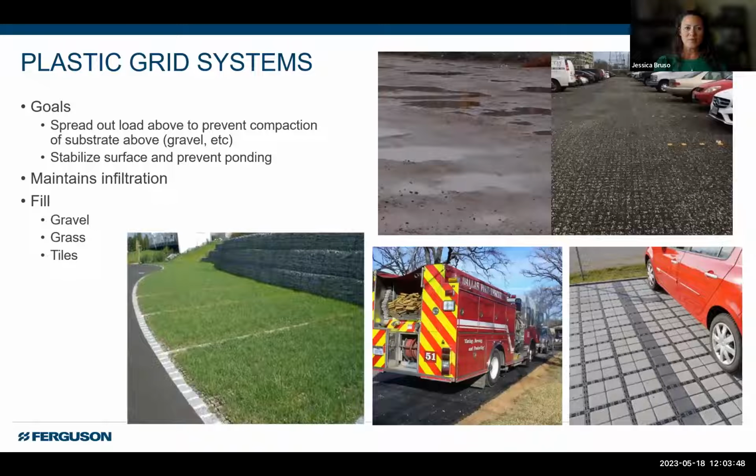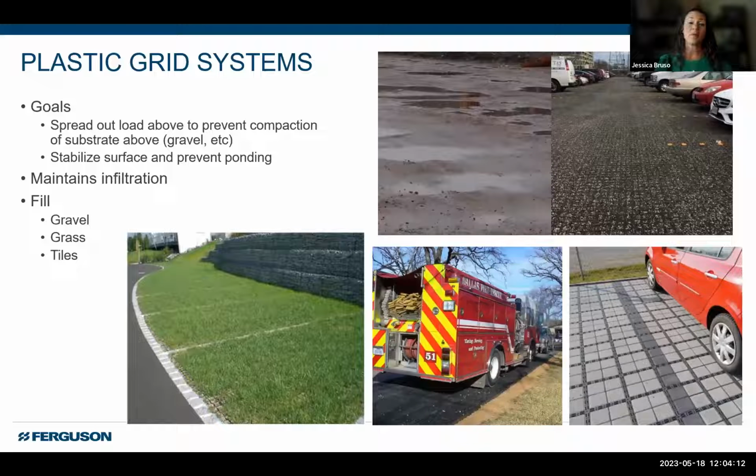Plastic grid systems. These, I guess, in the past have maybe had mixed reviews or made out of different types of plastic. Some might be HDPE, some are LDPE, have a little bit more give. But the goal in general is to spread out the load up above, prevent compaction of the substrate below, right? So we see a lot of overflow parking lots that are just dirt or they're gravel or whatever else.